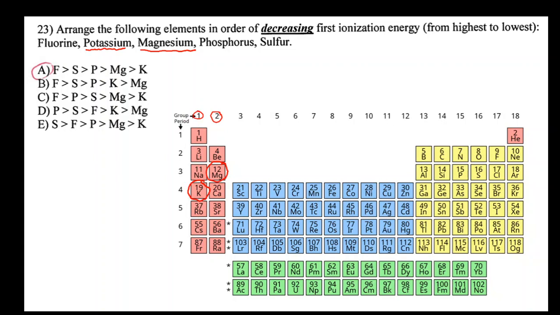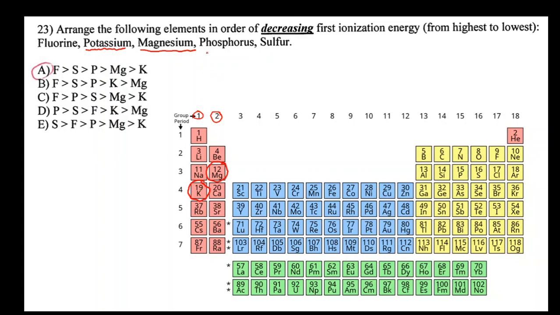They're very reactive. Also, potassium is a period lower, so the attraction between the protons on the inside of the atom and the outer shell electrons is going to be less. That means potassium is going to be our lowest ionization energy. And then magnesium, because it's a metal and because it's higher, would be our second lowest. So that takes care of those.